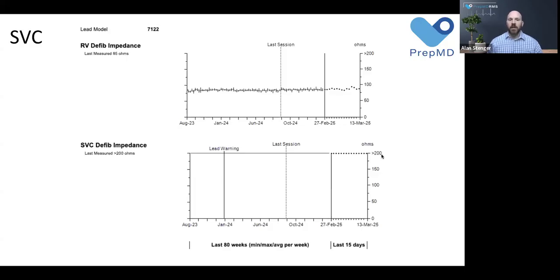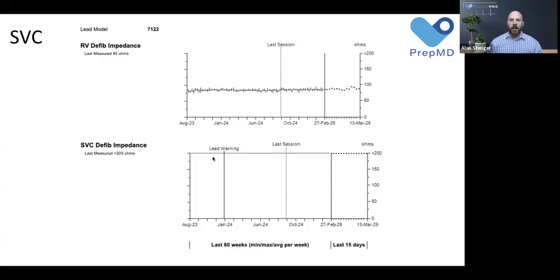The observations page is going to say lead warning. It's always good when we see that to dig in a little deeper and assess when did this lead warning actually occur, because it could be a very old observation that hasn't been cleared out. It could be a chronic problem and they were just interrogated in clinic. So while it cleared that alert when they were seen in the clinic, once they get home and get by the monitor, they might trip an alert again.